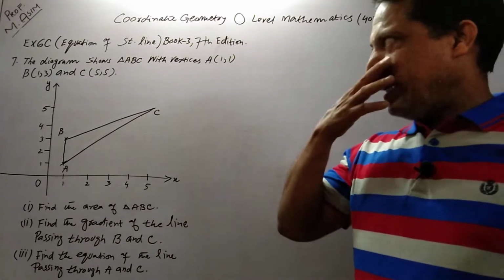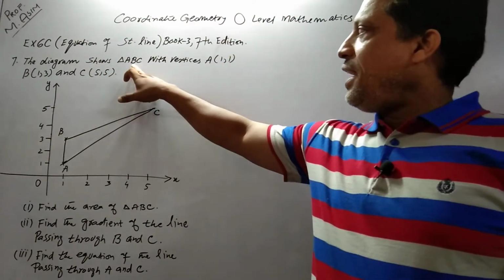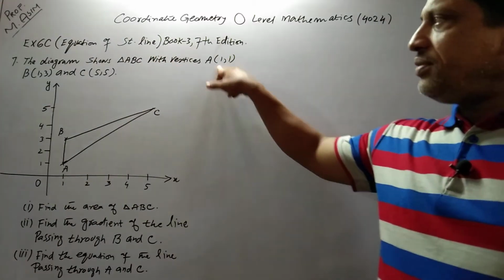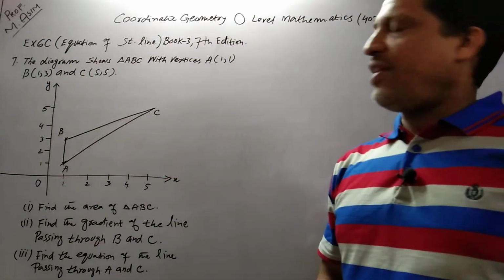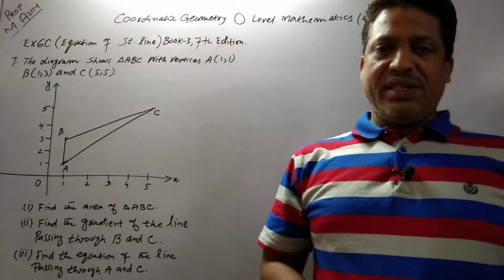Question number 7: the diagram shows triangle ABC with vertices A (1, 1), B (1, 3) and C (5, 5). Students, in this question the graph is given.